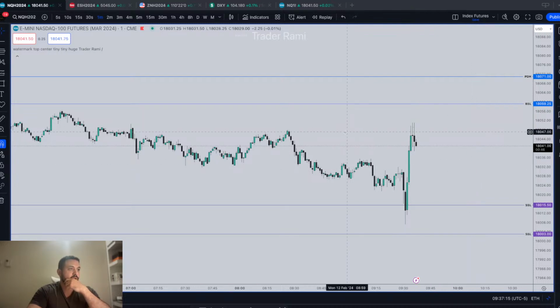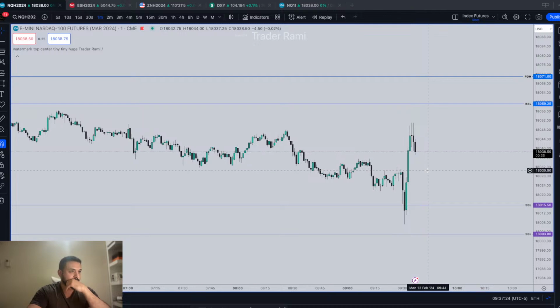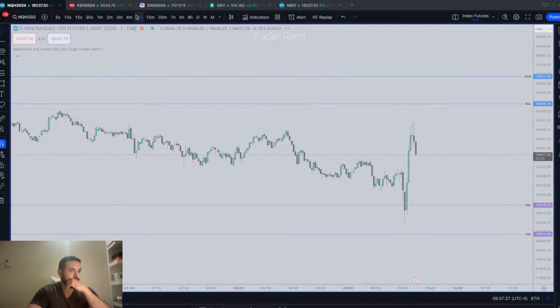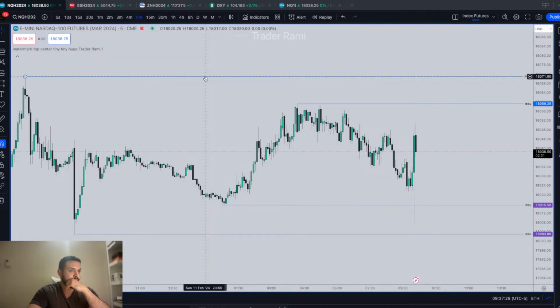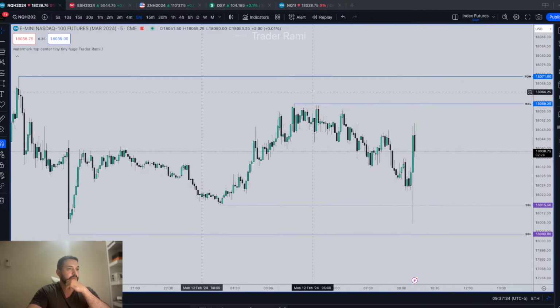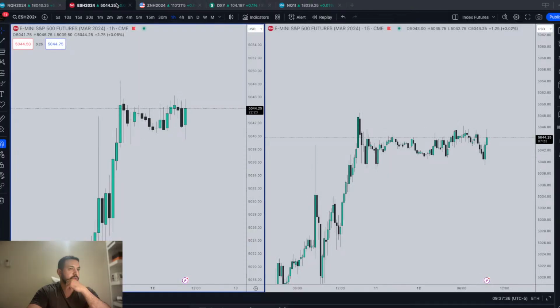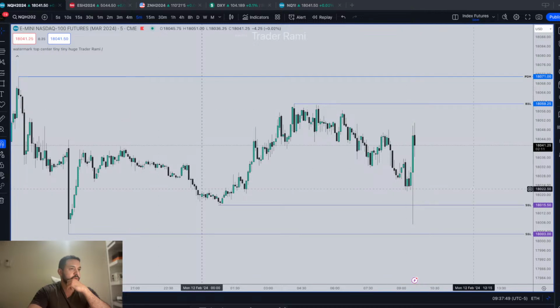So far, price is taking this short-term buy side, making its way back down. Got my eye on this level and this level. I'm in no rush to want to do anything right now. ES also taking out its midnight open, taking out short term buy side, and it's looking quite bullish at the moment.